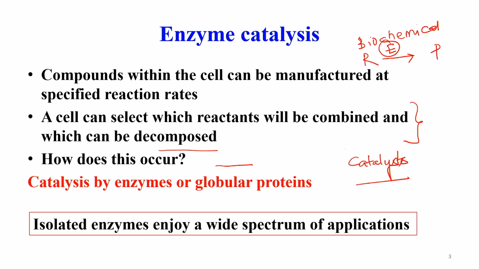And basically if you see what are enzymes, the enzymes are globular proteins. So considering the importance and significance of enzymes, various enzymes have been produced in vitro for a wide spectrum of applications. Some of them I will be briefly discussing in this lecture.